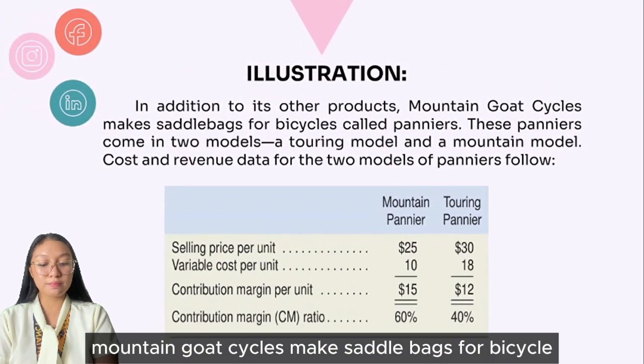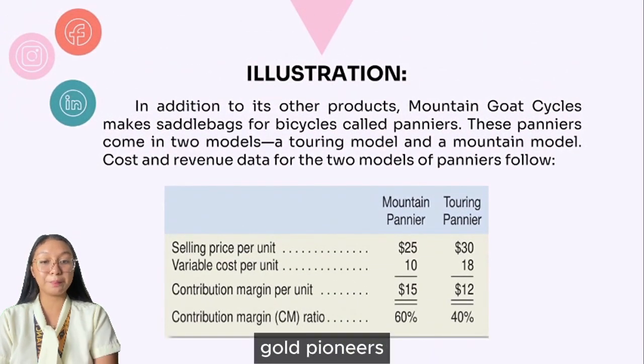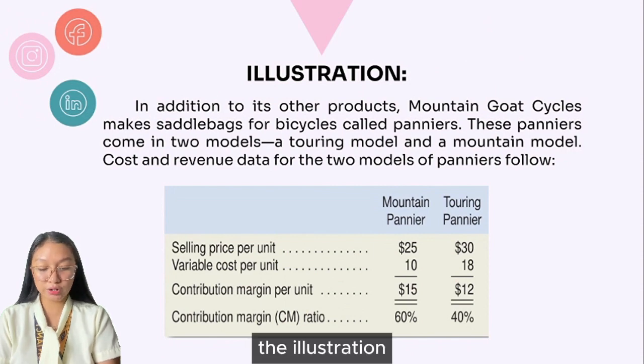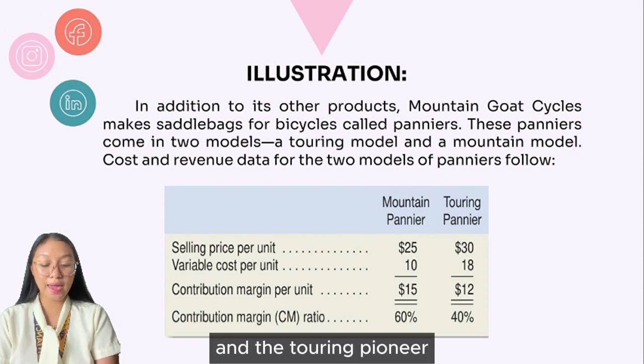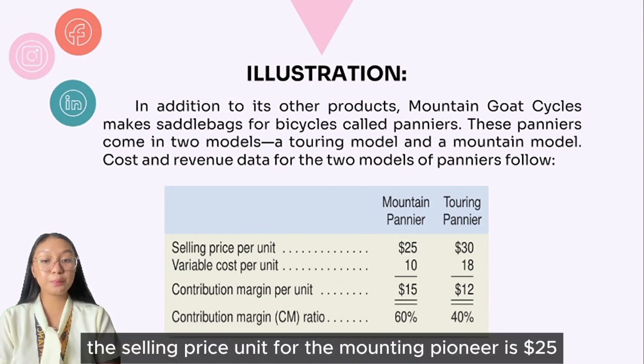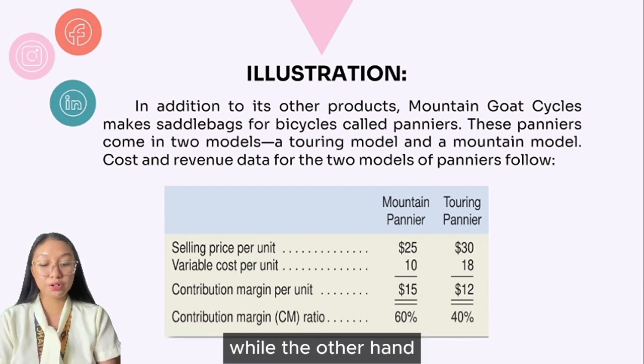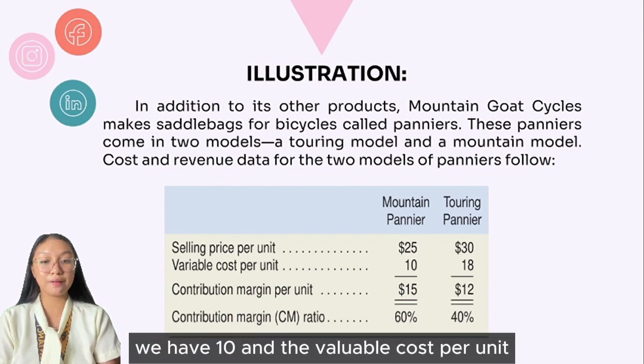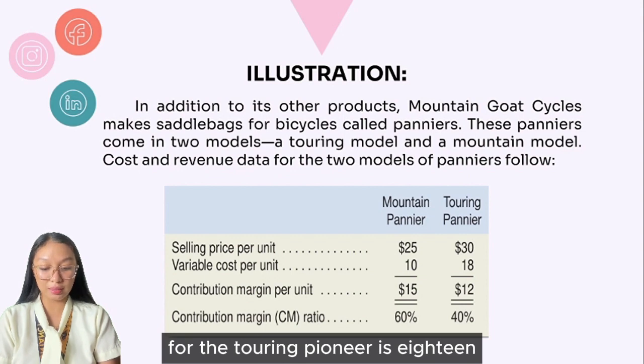Mountain Goat Cycles makes saddlebags for bicycles called panniers. As you can see in the illustration, we have their mountain pannier and the touring pannier. These are the two models from Mountain Goat Cycles. The selling price per unit for the mountain pannier is $25, while on the other hand, we have $30. For the variable cost per unit, we have 10, and the variable cost per unit for the touring pannier is 18.